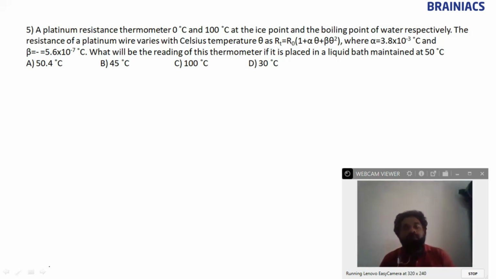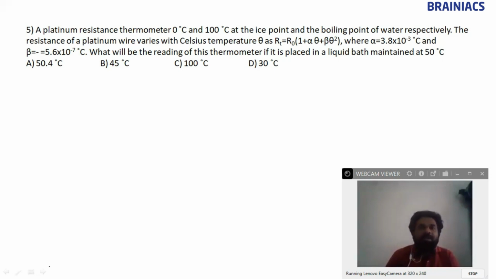So here they have given the function of resistance. This resistance depends on the alpha value, beta value, and the temperature also. Alpha value and beta value both are given.